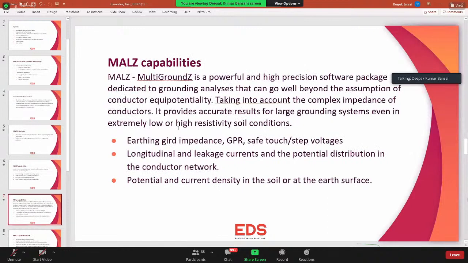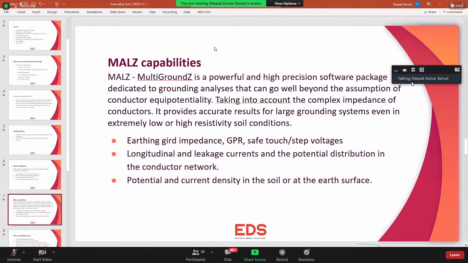First, let me tell you something about MOLZ capabilities. MOLZ, basically multi-ground Z, is a powerful and high precision software package dedicated to grounding analysis that can go well beyond the assumption of conductor equipotentiality. Taking into account the complex impedance of conductors, it provides accurate results for large grounding systems, even in extremely low or high resistivity soil conditions, and definitely in multi-layer soil conditions.